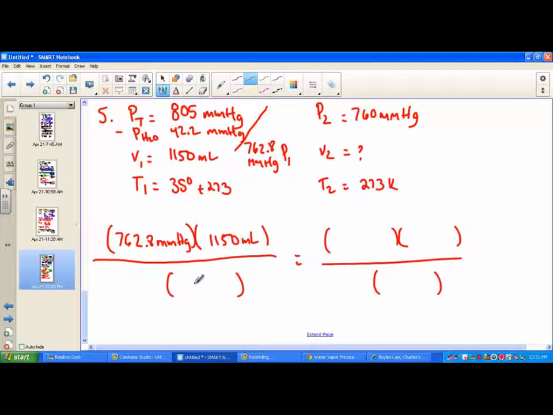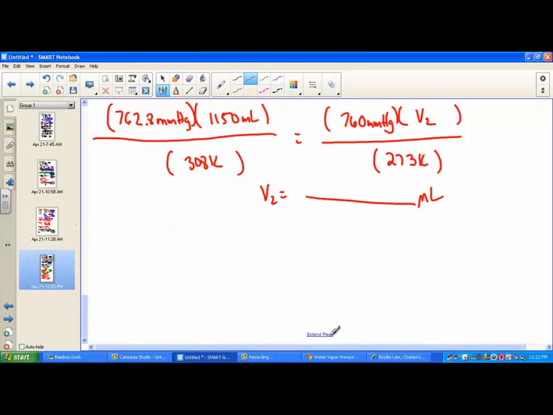T1 is converted into 308 Kelvin. 760 is the standard pressure. Looking for V2, there's T2. We put a milli in, so our answer will come out in a milli as well.